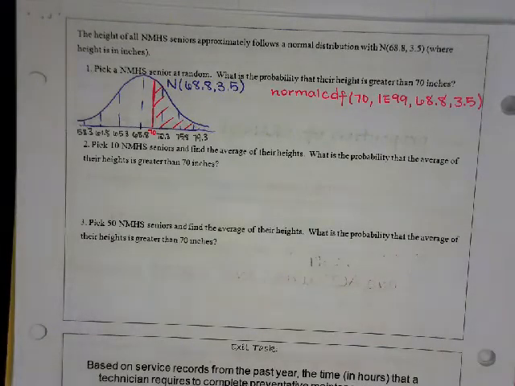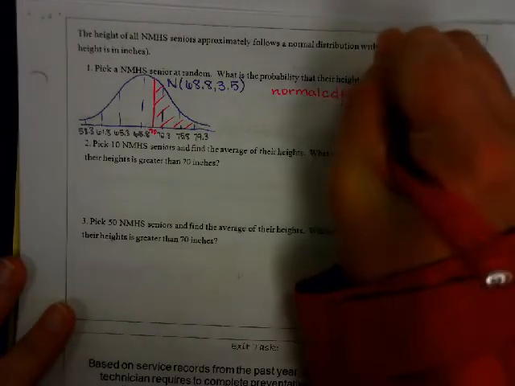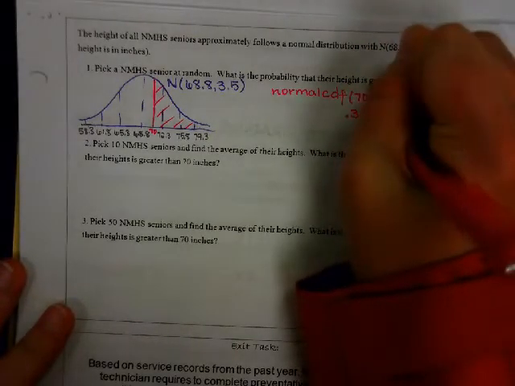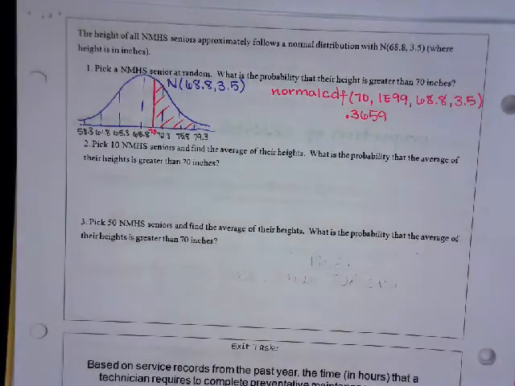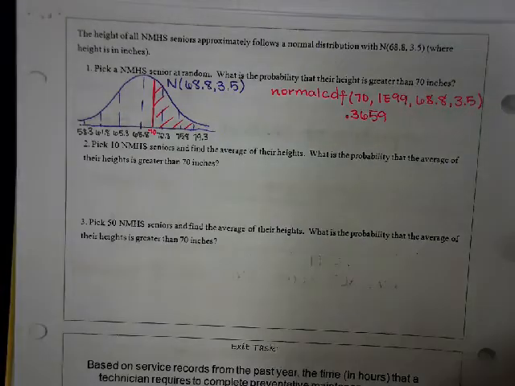So somebody want to throw that into words for me? There's a 36.59% chance that a randomly selected NMHS senior is above 70 inches in height.